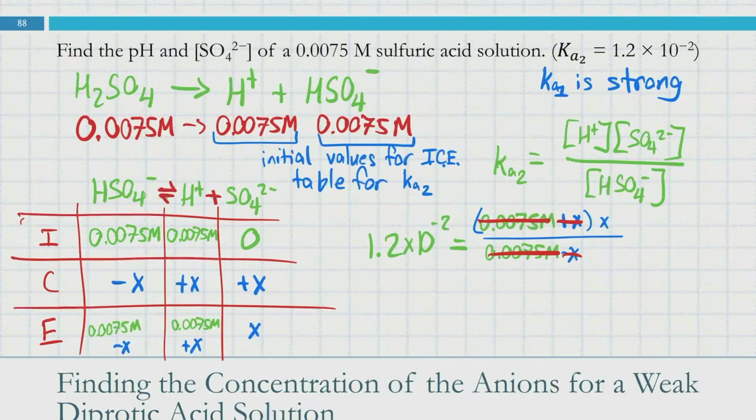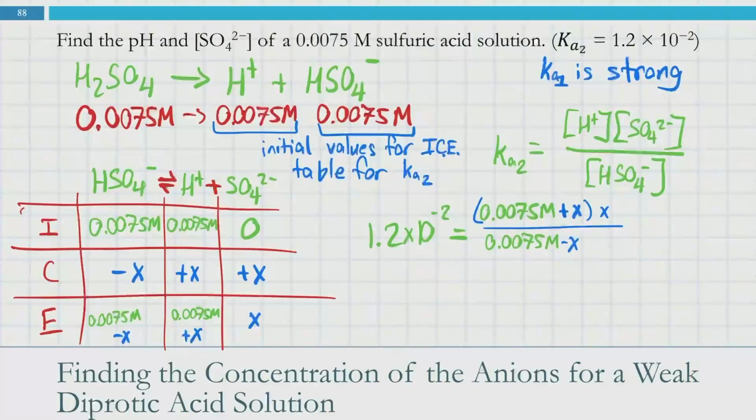And so then X would be equal to 1.2 times 10 to the minus 2, which is bigger than our initial concentration. So unfortunately, x is small shouldn't work here. And so we get to instead have fun doing the quadratic equation and multiplication that leads up to that.